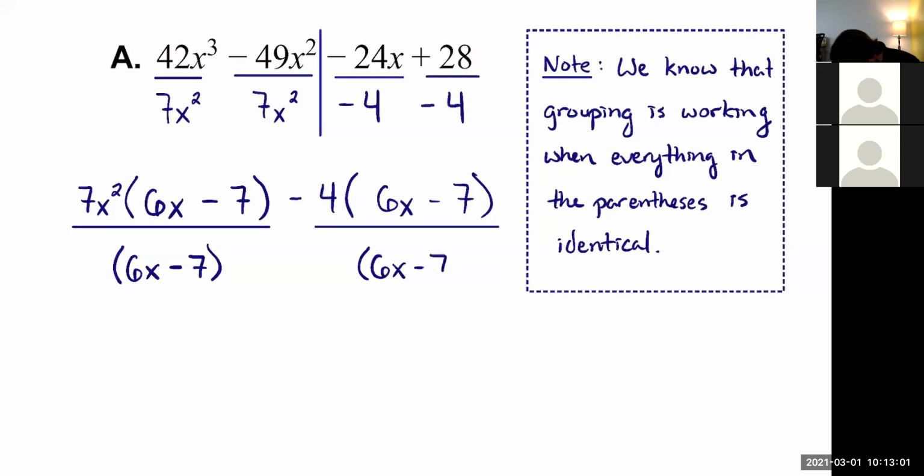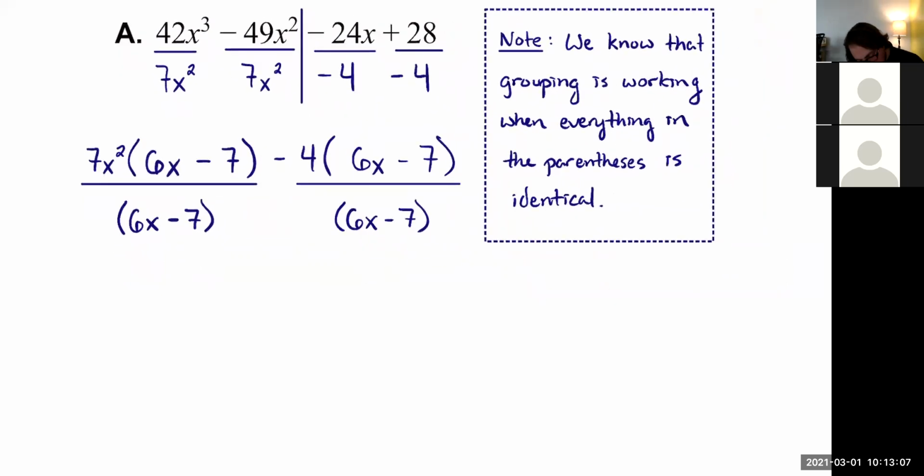And just like any other greatest common factor, I can divide it away. Now, if you think about where we usually put greatest common factors, we usually write them down first before we do the division.